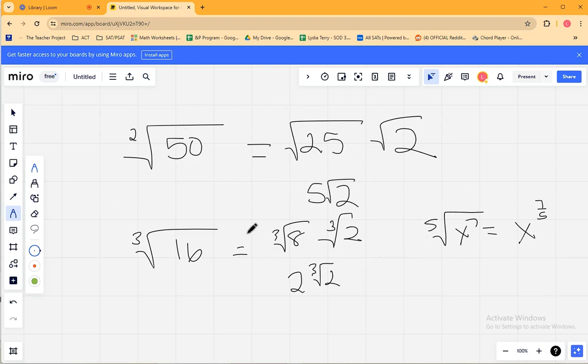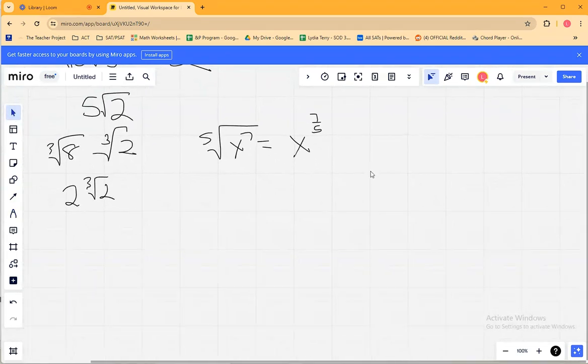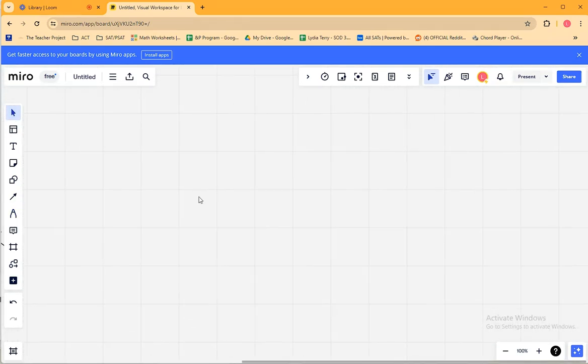But this just takes a little bit of not creativity, but insight to work out what to do. If you're trying to simplify the square root of something, look for a factor that is a perfect square. If you're trying to find the cube root of something, look for a factor of this number that is a perfect cube.